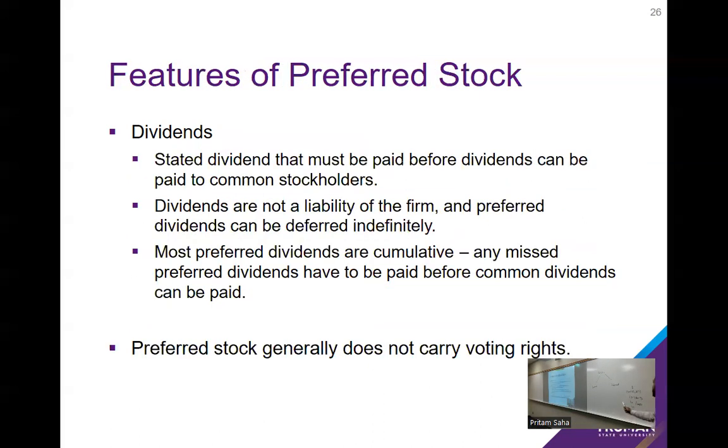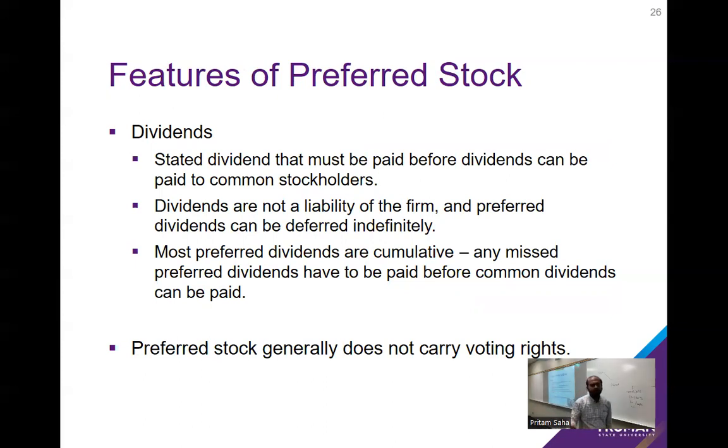Now moving on. Preferred stock. If we say preferred stock, you can think of it as a hybrid kind of instrument in the middle of bond and stock. You will get a fixed dividend each year, but you do not have voting rights. You do not have a lot of other characteristics like common stockholders, right?